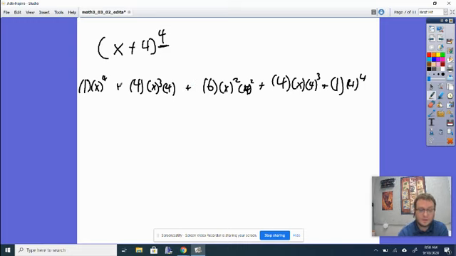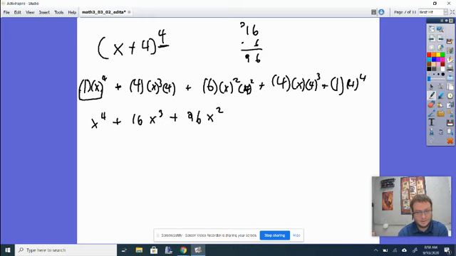Okay, now again, do this term by term. 1 x to the fourth is just going to be x to the fourth. 4 times 4 is 16 x cubed plus 4 squared is going to be 16, 16 times 6 is 96. 4 cubed is 64, times another 4 is going to be 256x.